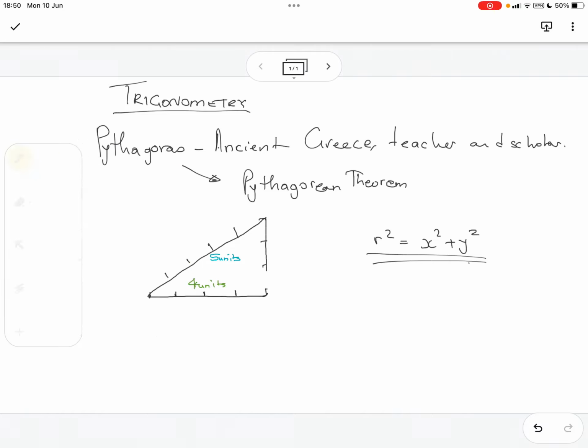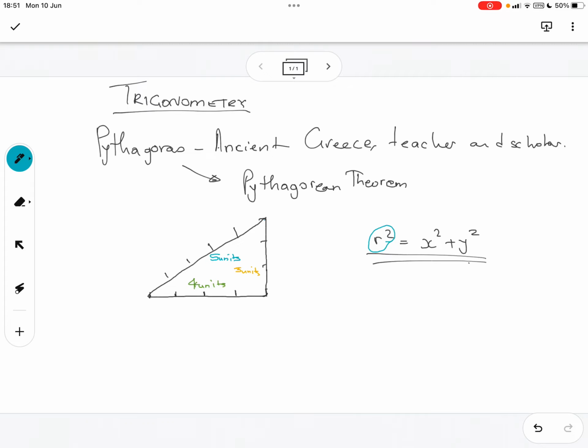So what this means, if you take the length of this side, this side is 5 units long, this one is 4 units long, and the other one is 3 units long.